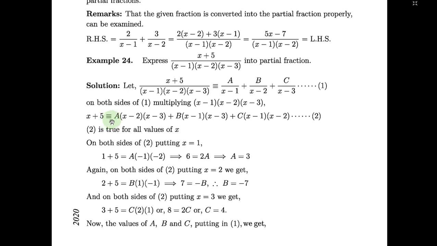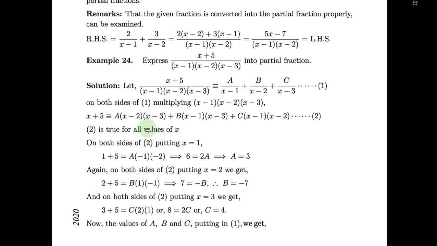So to find out the value of a, b and c, what will we try? First we will try to make any of the variables vanish. So we need to make any of the coefficients 0.